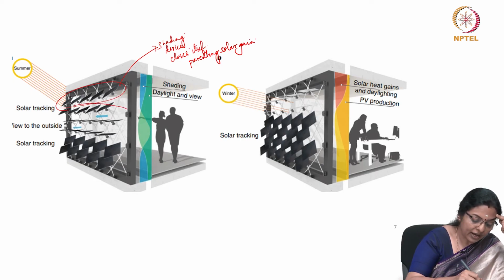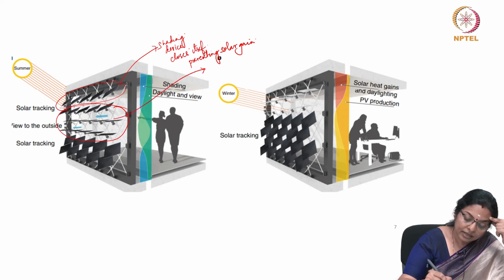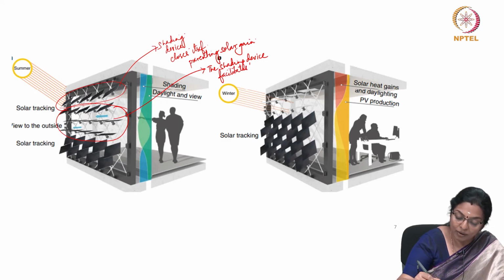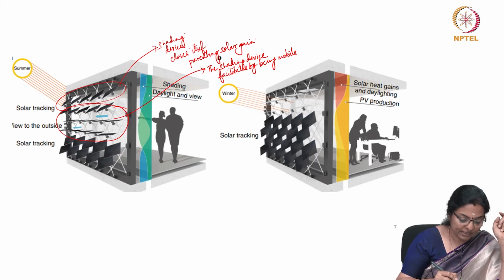Suppose you want to have some view outside, the shading device facilitates that by being mobile, and you have a lot of view to the outside.